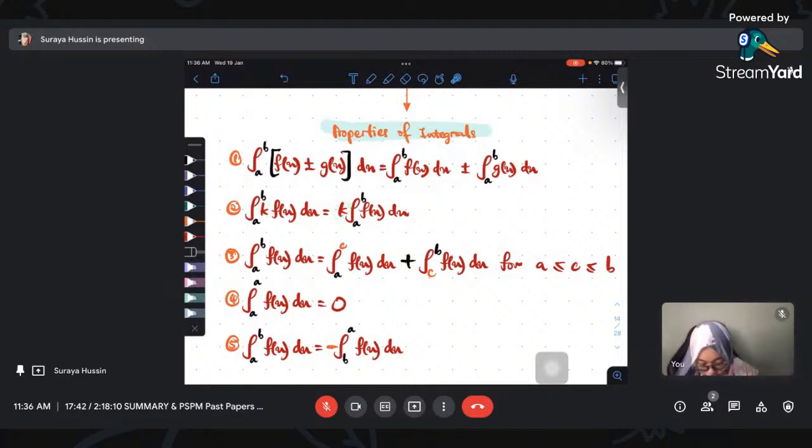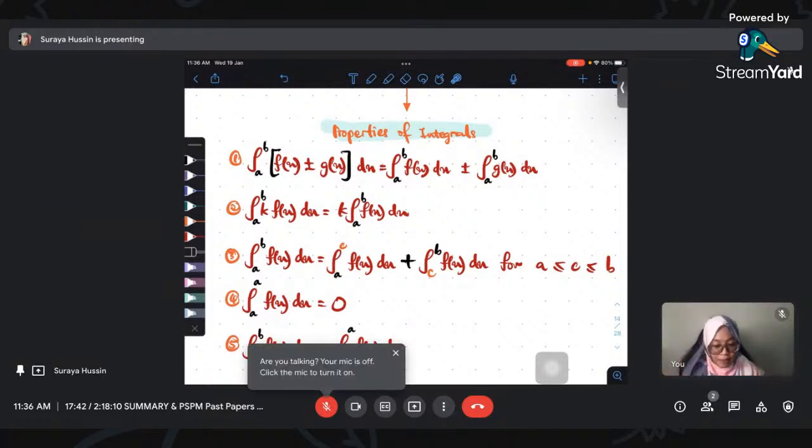This one, let's say you nak cari from A to B, but from A to B, you boleh lalu C. C is like a value, di antara A dan B, ada C di tengah-tengahnya. So, dia boleh lalu C dahulu. Okay? This is not that hard.